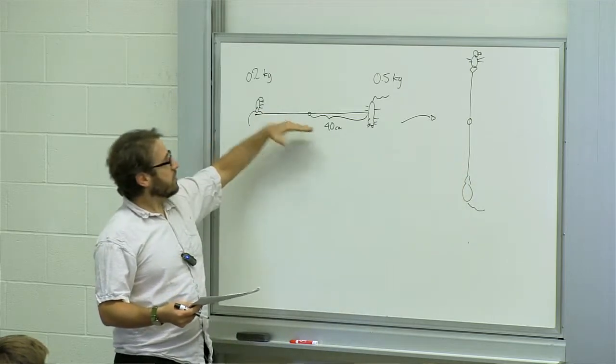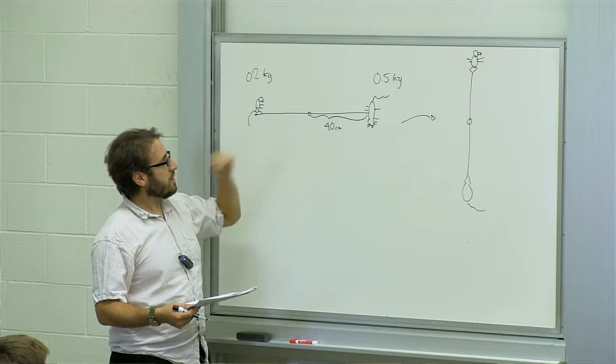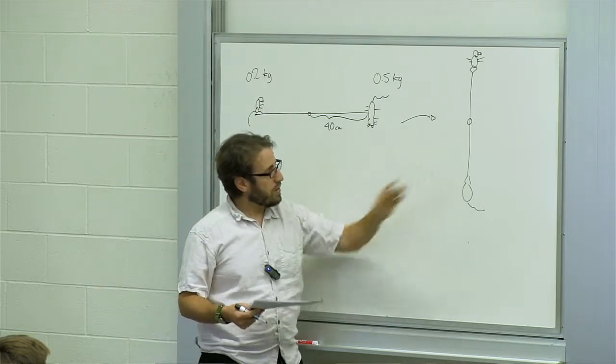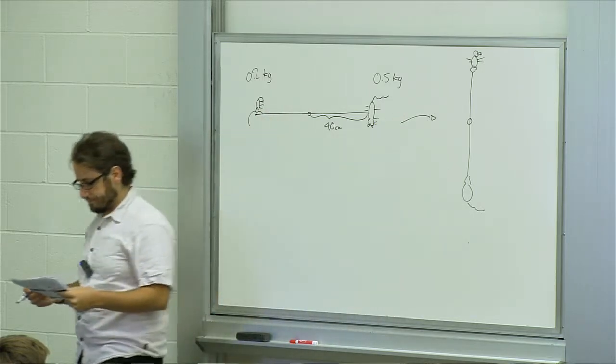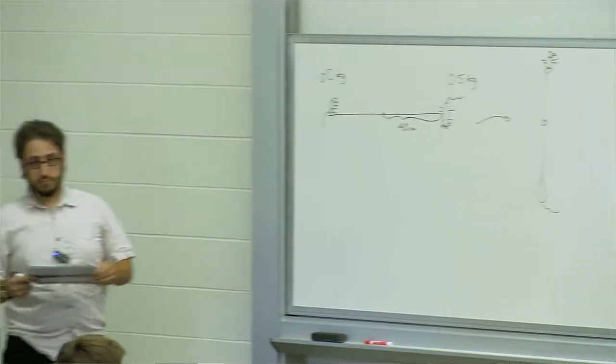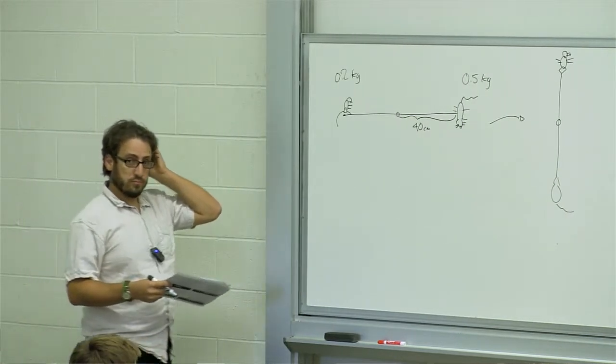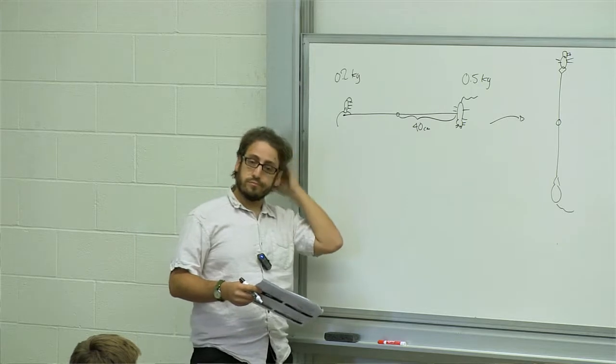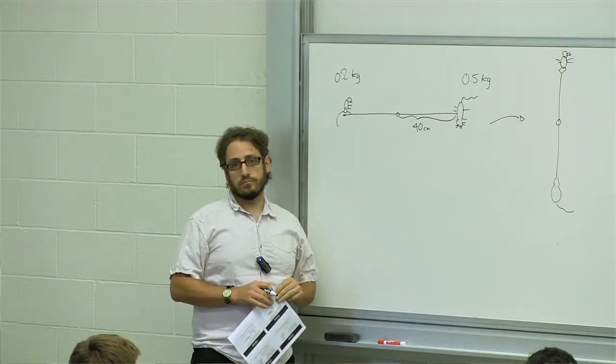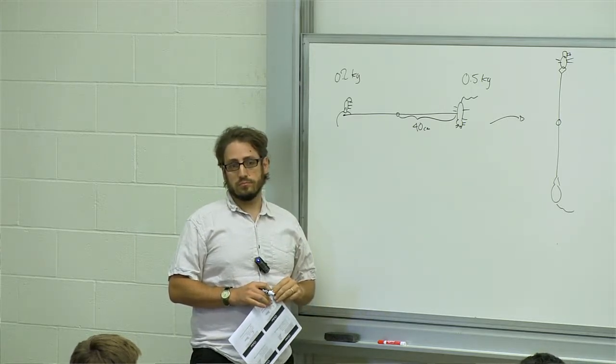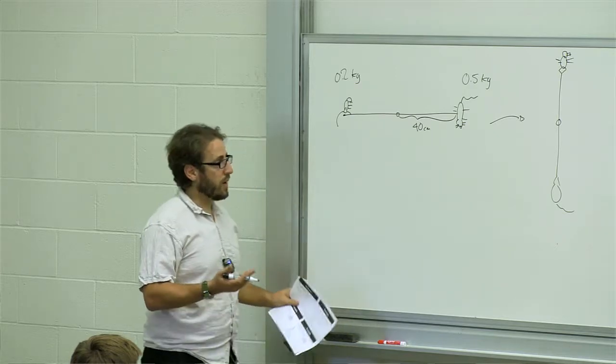Okay, so you started them off here. There's an imbalance in the masses. They flip this way. What are the animals' speeds? So how do we set this one up?